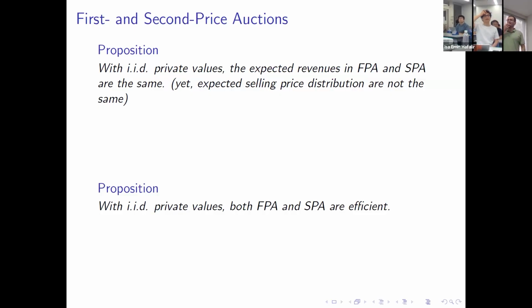Since first price auctions and second price auctions are very well studied, the question of which one is better for a risk averse seller is a very reasonable question, and it can be answered in a very simple way. So this has been known. It is in Vijay Krishna's book, but I didn't see any papers that ask the question of what is the optimal auction.